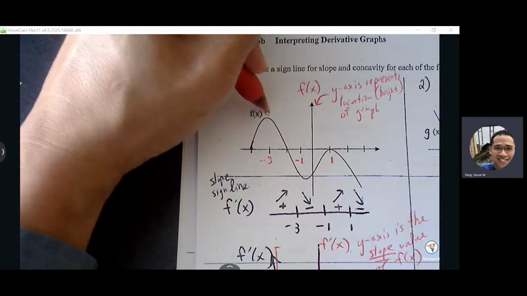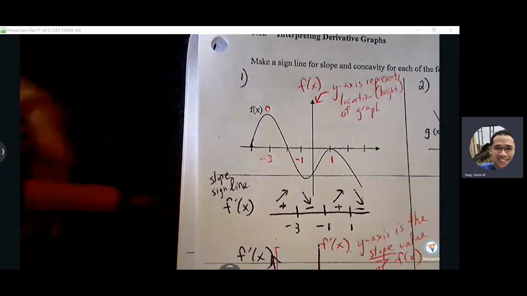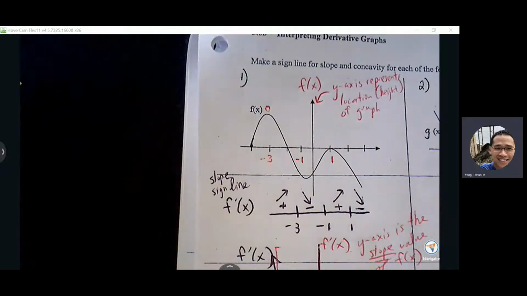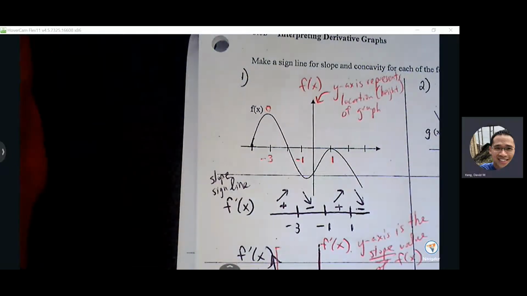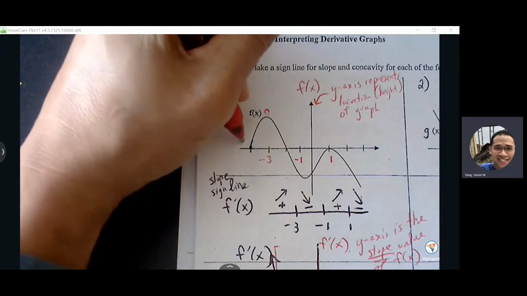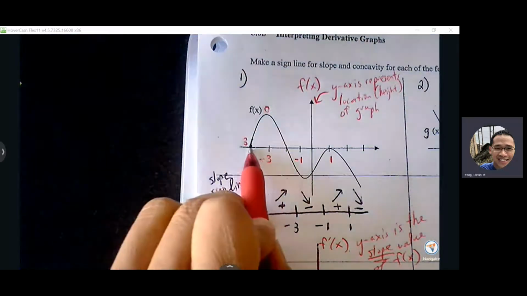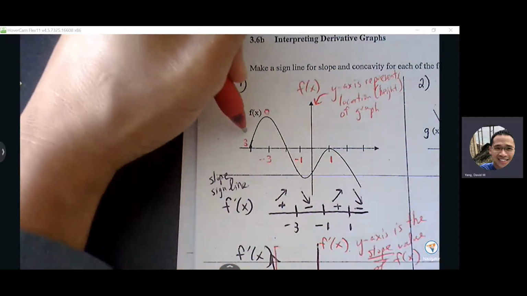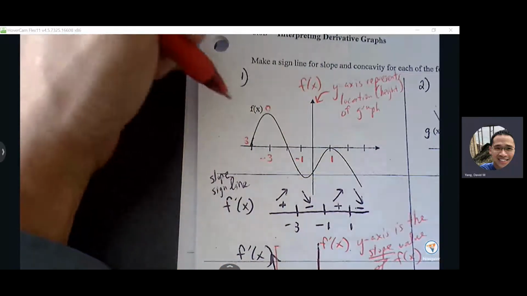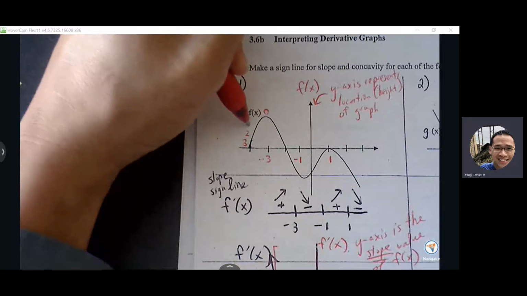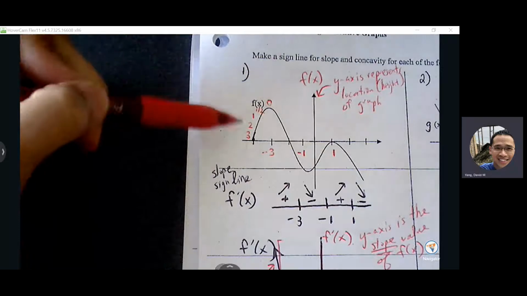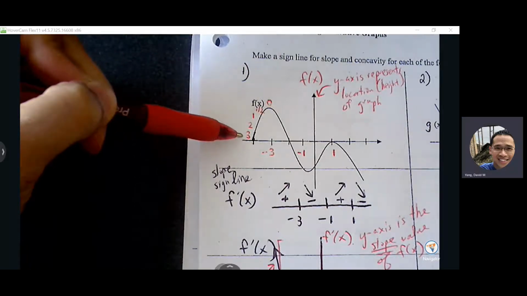We know the slope here is 0. If you just had to give me a number here, what can I say the slope at this point is? Some positive value, right? So maybe 3, okay? And what's going to happen as I get closer towards -3? What's my slope going to do? Decrease, right? It's becoming less steep. So maybe if this is 2, then 1, then 1/2. Okay, so let's look at these slope values here. What's happening to these slope values?